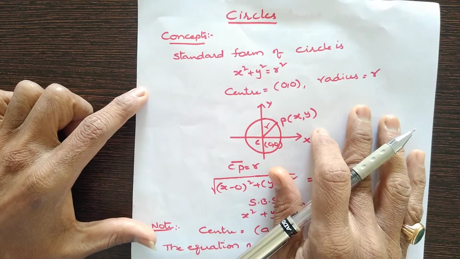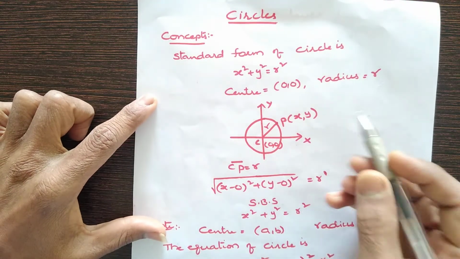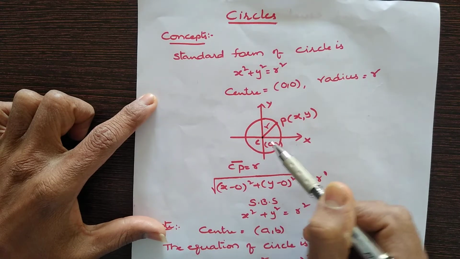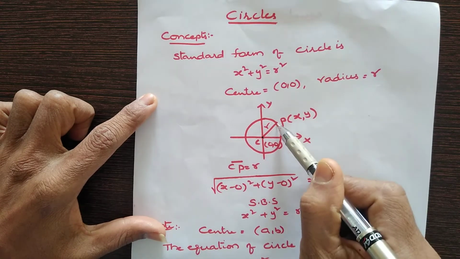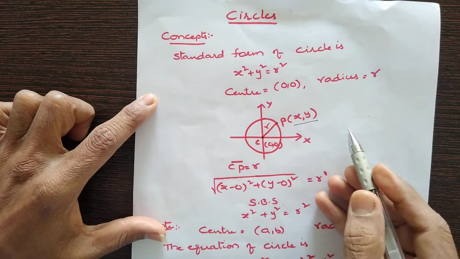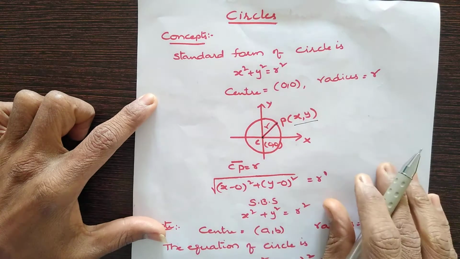Okay. Now the standard form of the circle. First we will see that one. See here. If I am taking the center as 0, 0 and P is any point on the curve (x, y), and CP is the radius, CP is equal to r.